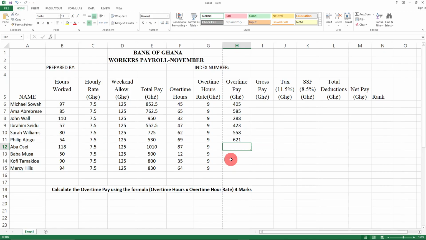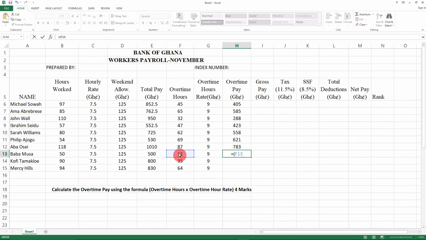Abba is equal F12 times G12. Alright, then we call Baba equal, Baba is F13 here. We are using this side.